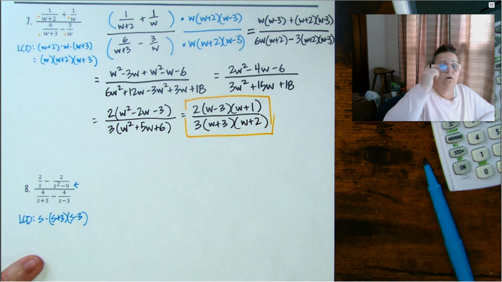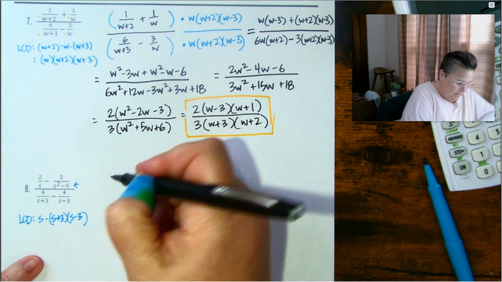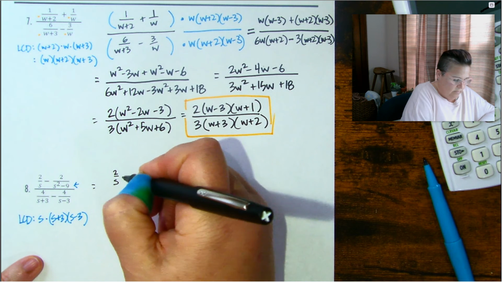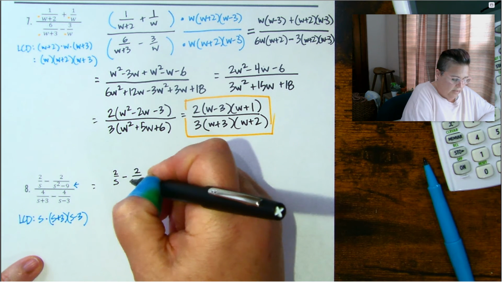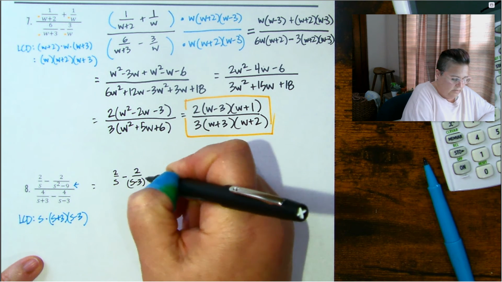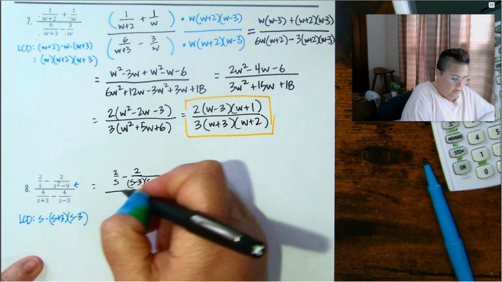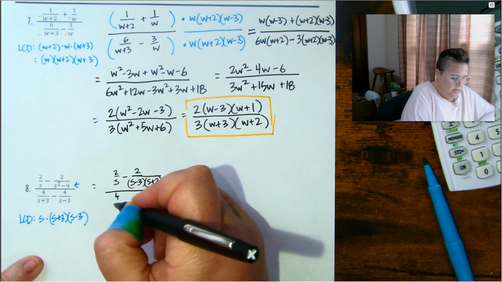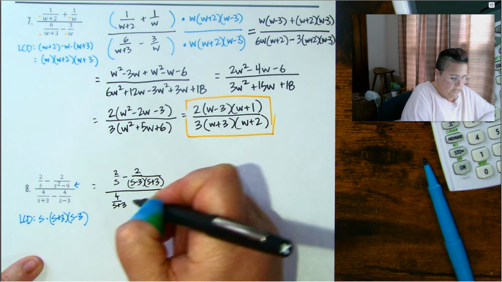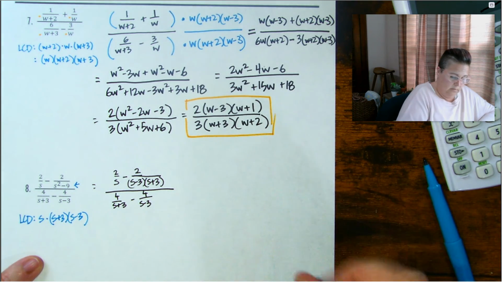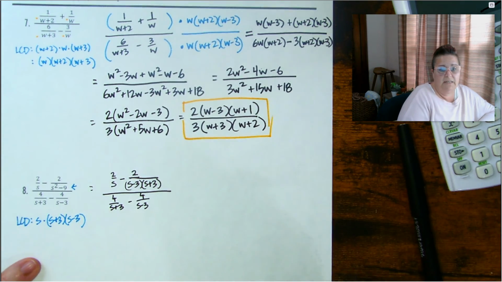All righty, so if I rewrite this, I'm going to take a 2 over s minus 2 over s minus 3, s plus 3. I'm going to factor that right away. All over 4 over s plus 3 minus 4 over s minus 3. Okay. Just like in the other steps.